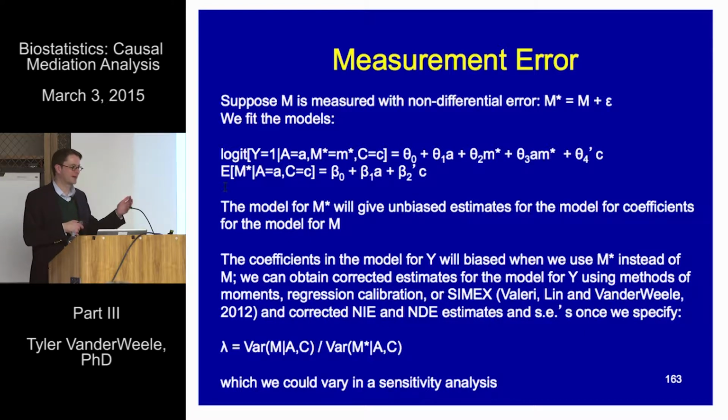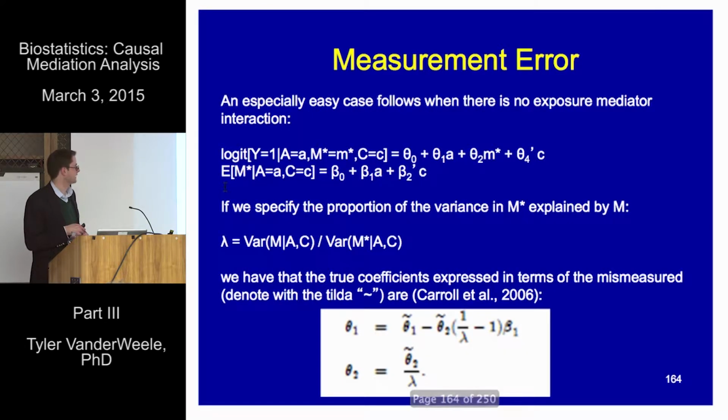But once we specify that one parameter, that's essentially all we need to get corrected estimates. So in some sense, this is almost easier, from a conceptual standpoint at least, than the problem of unmeasured confounding. Is 75% of the variation in our mediator measurement due to the true mediator, or just 50%, or just 25%? We can vary the parameter in a sensitivity analysis.